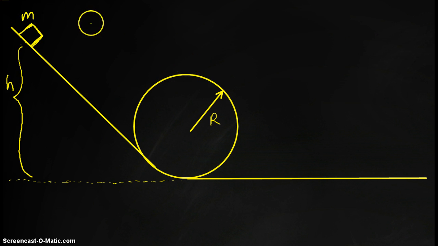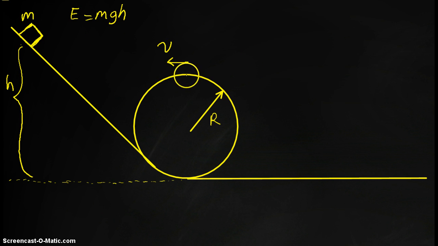Okay, so let's write the total energy of the object first. Since it starts from rest at height h, it has the total energy mgh. And right at the top, suppose it has this speed v, and we can calculate this speed v in terms of h and r.